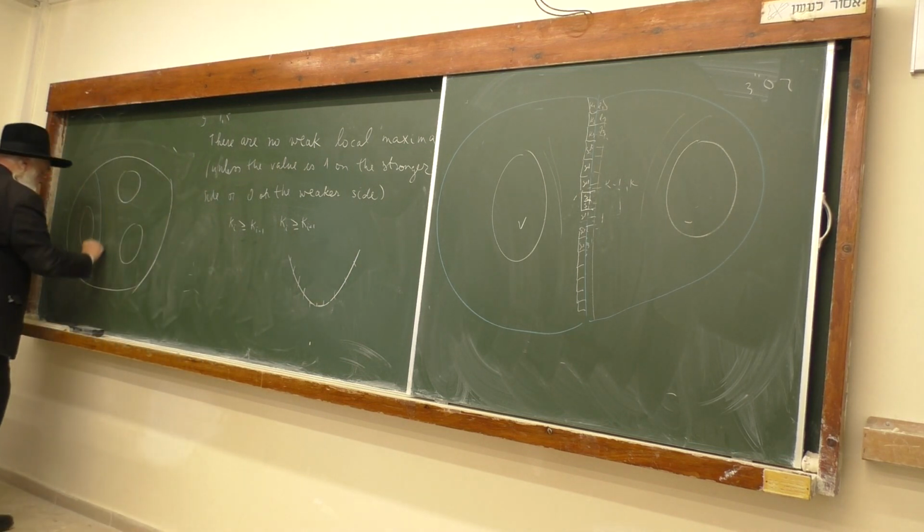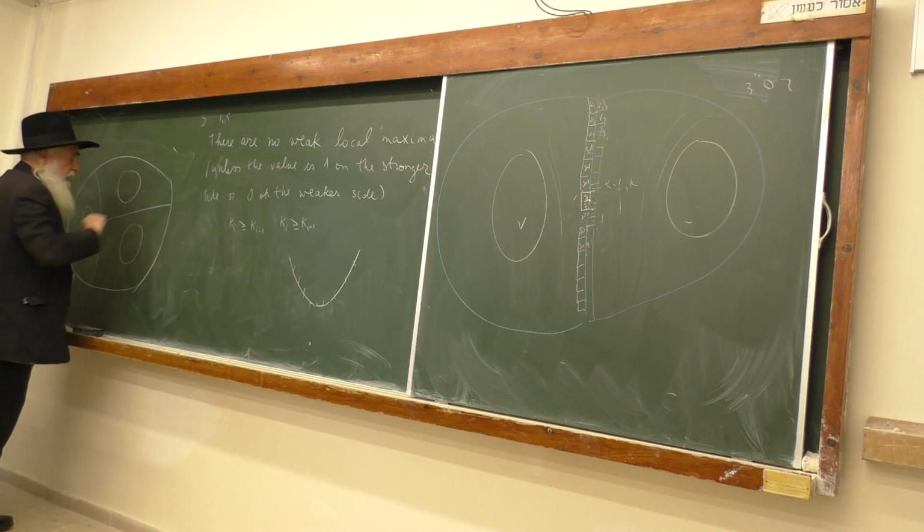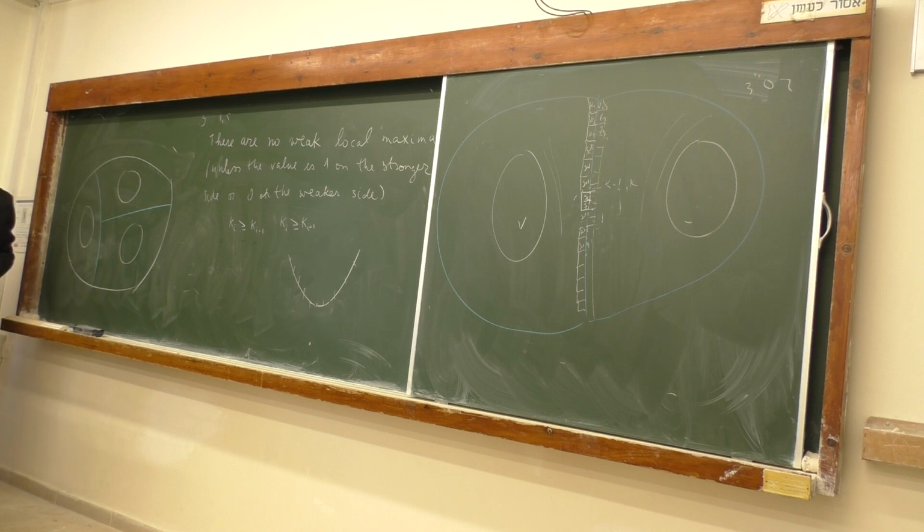For example, here we have 3 derived regions. What does it tell us? This is long, this is short, we don't know how to measure it. So we introduce the following idea for how to measure it.